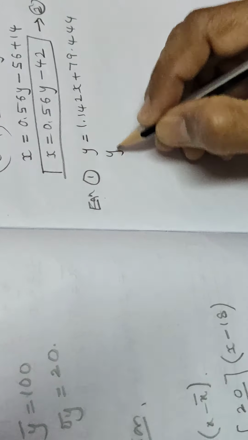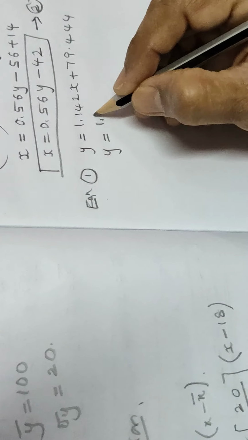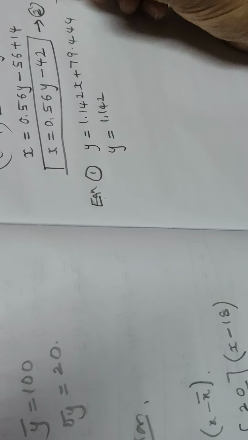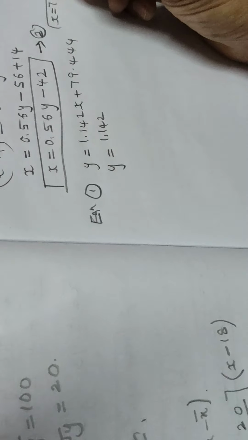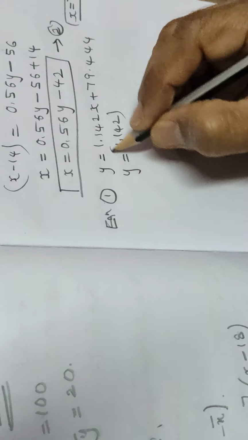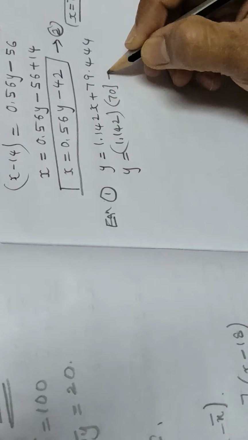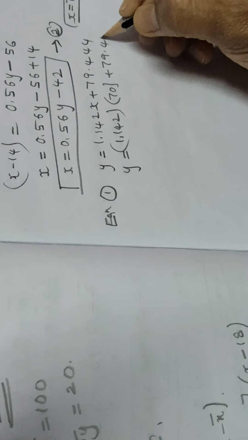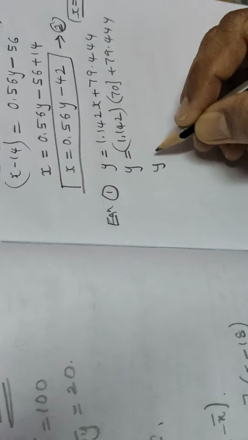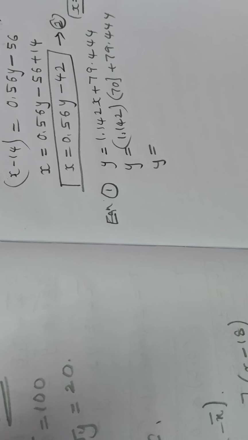I want the value of y when x is equal to 70. Substitute the value of x here, that is 70, plus 79.444.